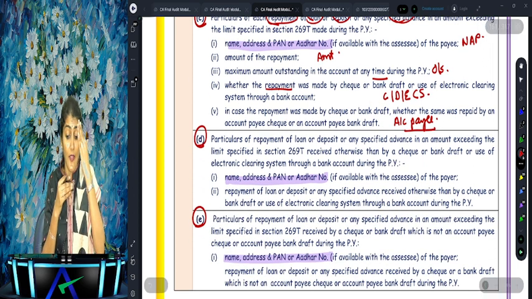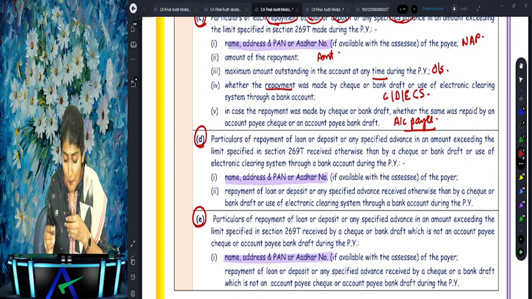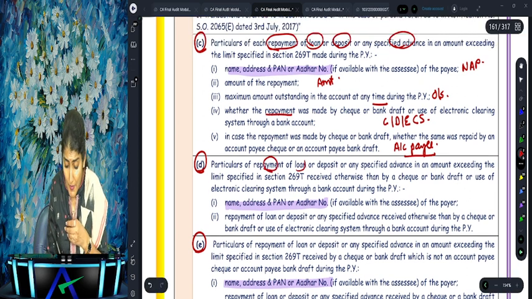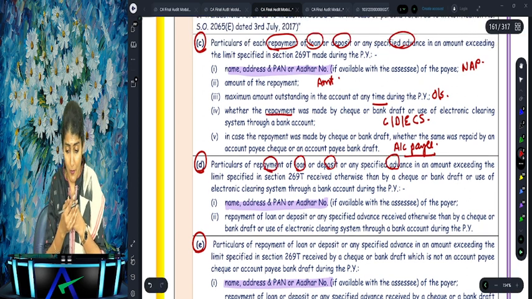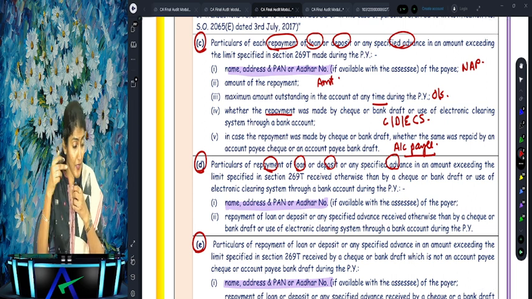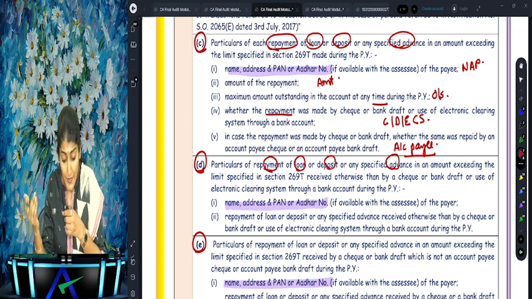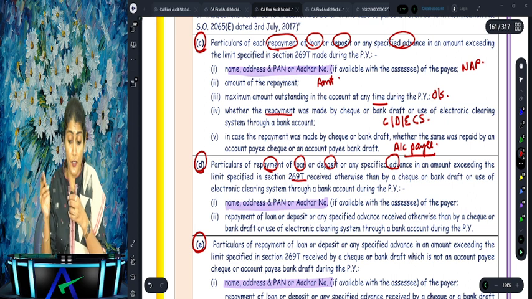Right, then after that, next one, particulars of repayment. Again, they are talking about repayment of loan or deposit or specified advance. So same like 31C, and 31D also, in an amount exceeding the limit specified in section 269T.